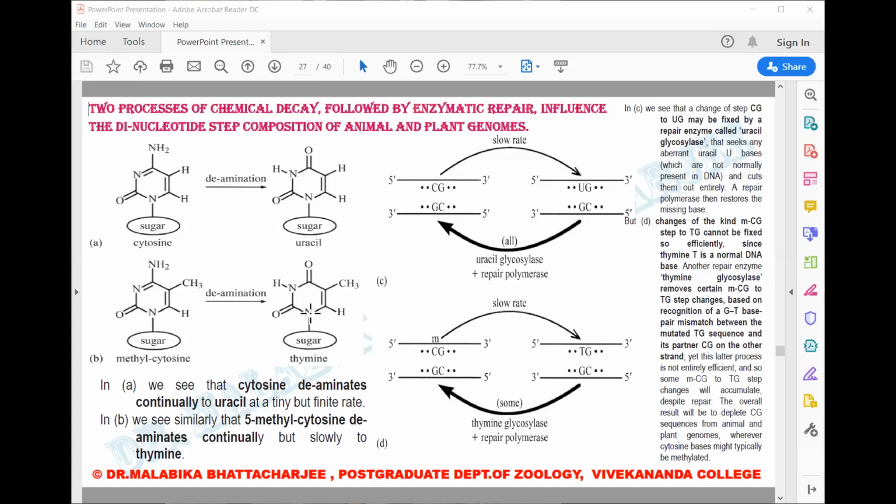Now, if it is a cytosine base, spontaneous deamination occurs within the DNA, converting the cytosine to uracil. And if it is a methyl cytosine base, spontaneous deamination converts the methyl cytosine to thymine. Now, what is the problem?